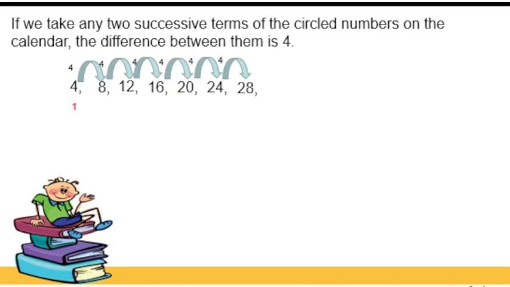Okay, so let's get now the position of each term. So you have 1, 2, 3, 4, 5, 6, and 7. So this can be named as n.